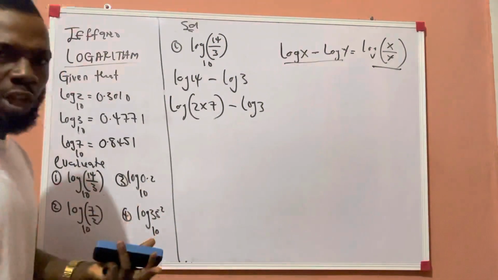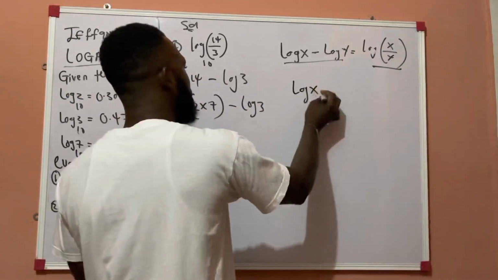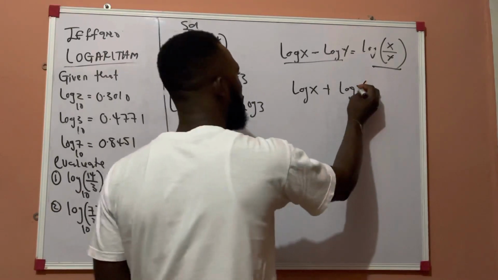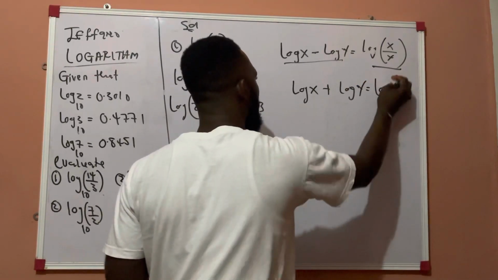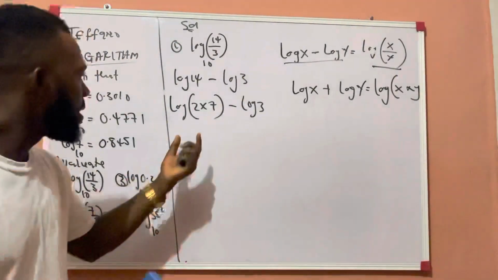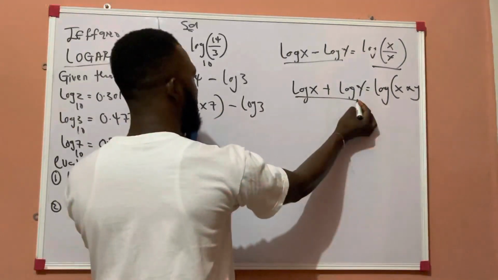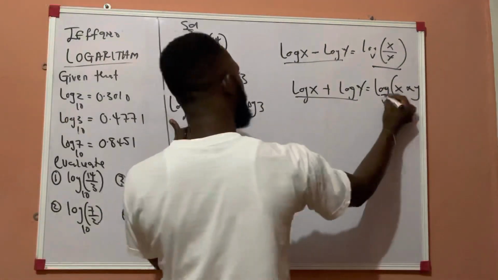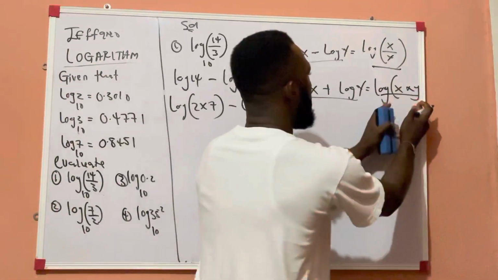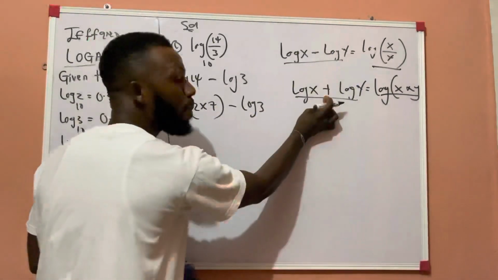Now, let us go back to the laws of logarithm again. Remember we said log x plus log y is equal to log x times y. Take a look at this log. This log did not take this first pattern. This log took the second pattern. So what are we going to do? We are going to bring back from this second pattern again to the first pattern, thereby our times becoming plus again.